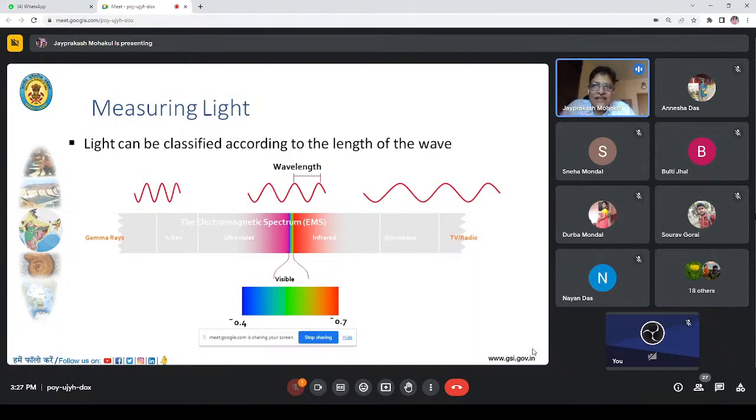Now, light energy, as we see it, is an entire spectrum. The electromagnetic energy which comes from the sun is an entire spectrum, right from gamma rays to TV and radio signals, right?